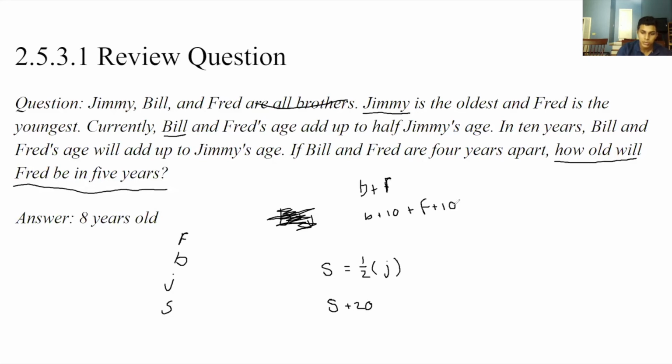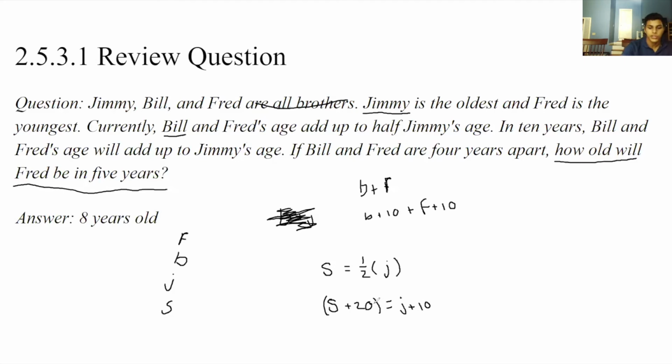So if we were to add 10 years, then it'd be S plus 20 because we're representing two people. So S plus 20, the sum of Fred and Bill's age in 10 years, will add up to Jimmy's age. Okay, so S plus 20 equals J plus 10, because it's 10 years later after Jimmy's current age.